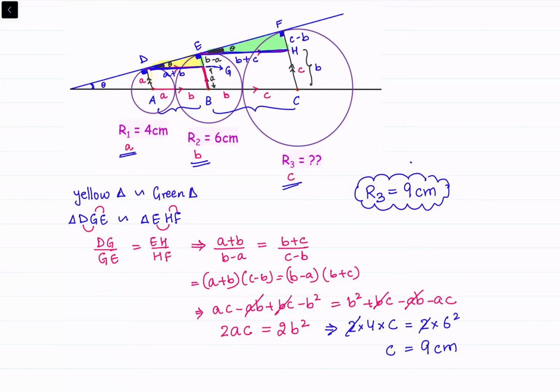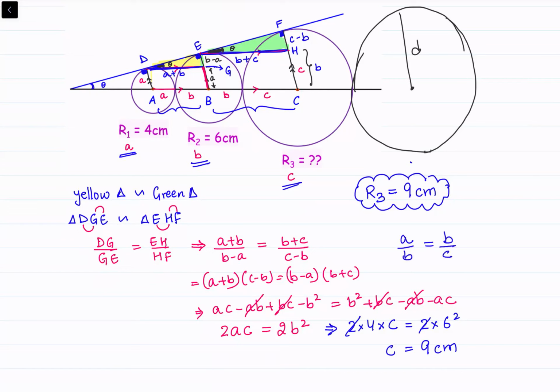So let's say we have one more circle that is again tangent to the blue line with center lying on the black line, and the radius is D centimeter. When I say the radii are in GP, it means the ratio A upon B will be the same as B upon C, the same as C upon D, and so on.